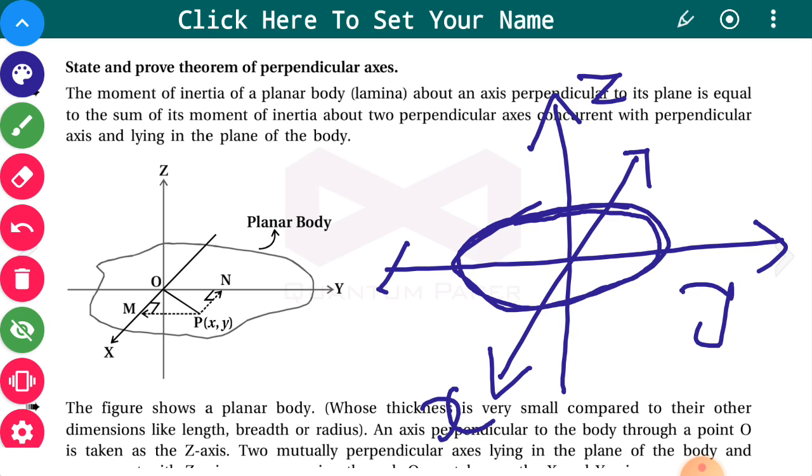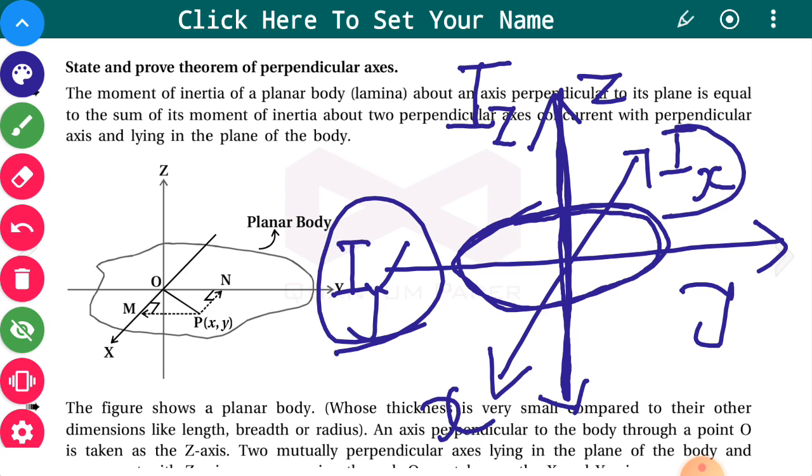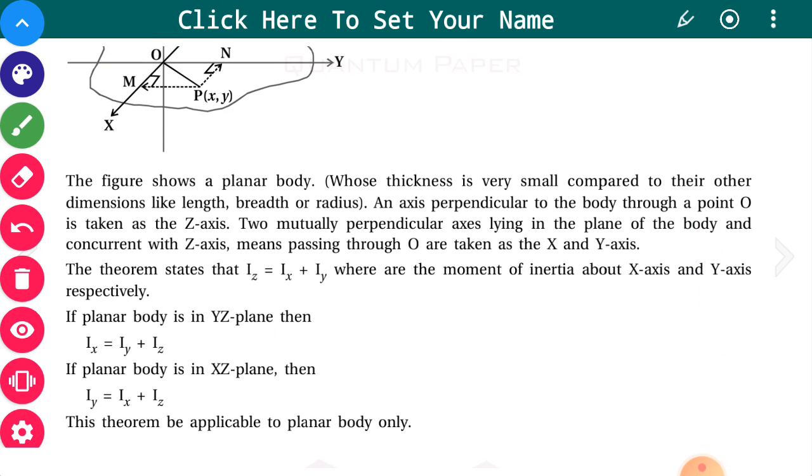Now the moment of inertia about the axis perpendicular to the plane, take it as Iz, and the moments of inertia about the axes in the plane of the coin are Ix about the x axis and Iy about the y axis. Then Ix plus Iy is equal to Iz. This is your perpendicular axis theorem.